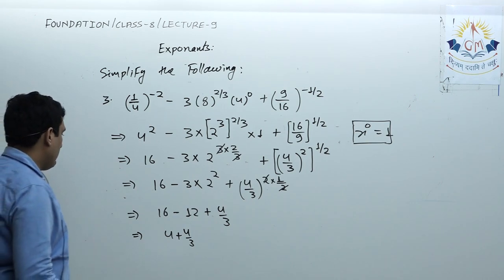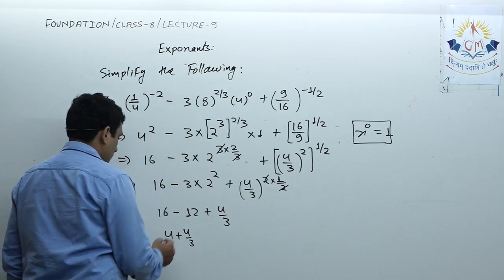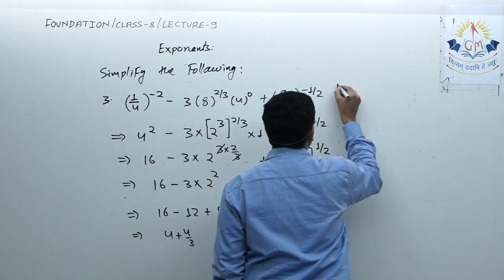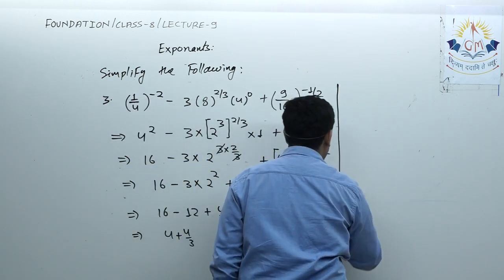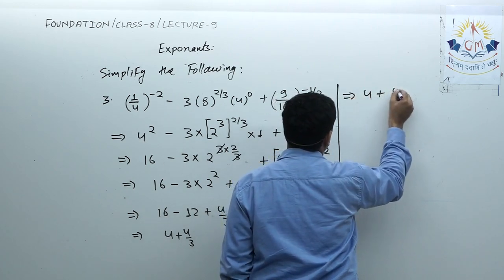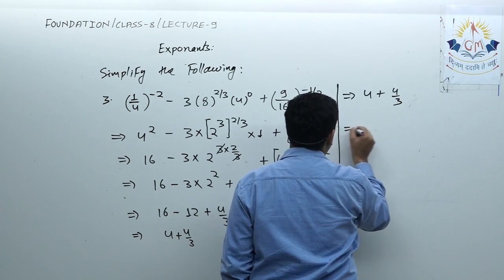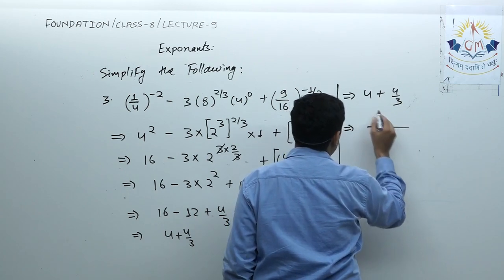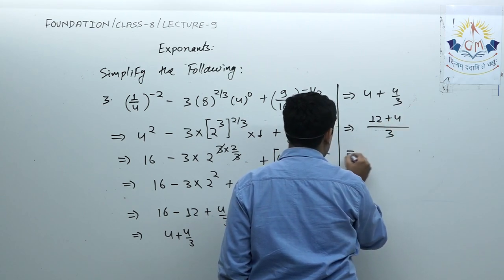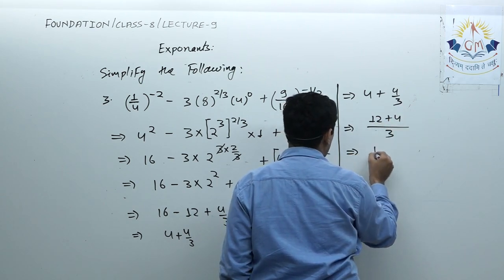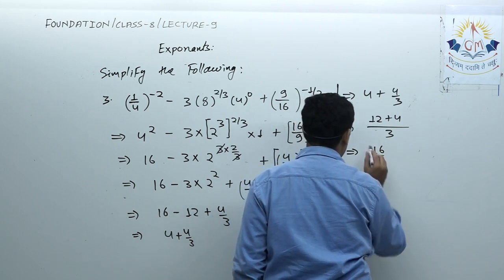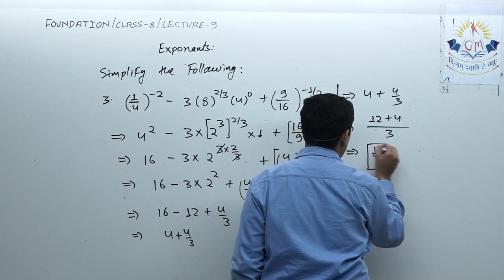So final answer is, okay, further now I have to take LCM to add these two. So this is 4 plus 4 by 3, on adding I will get 3 over here, 12 plus 4, 16 by 3, so this is my final answer, 16 by 3.